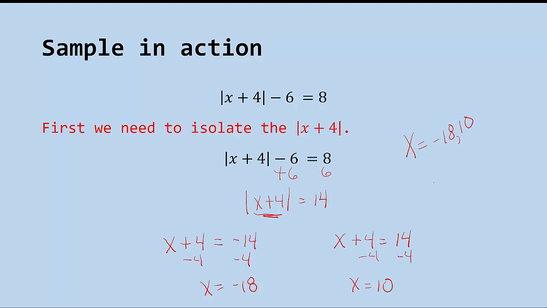Let's just grab 10 really quick to show how that works. Take the original equation, replace the x with 10, into the original equation. Now by simplifying, 10 plus 4, that's 14. So now if I continue, the absolute value of 14 is 14, minus 6 is equal to 8, and that is a correct math statement.